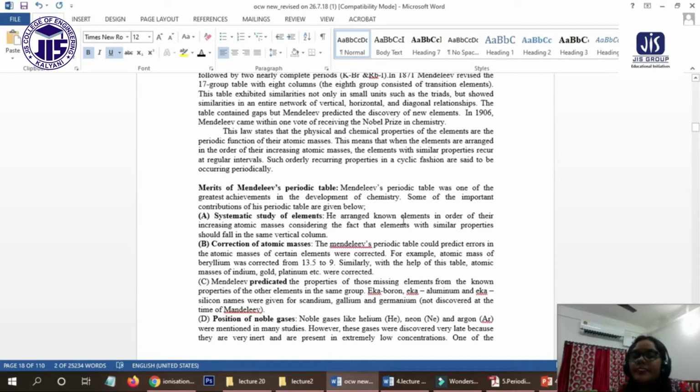He arranged the known elements in order of their increasing atomic masses, considering the fact that elements with similar properties should fall in the same vertical column. Another merit is the correction of atomic masses. After this arrangement, some corrections were made for the atomic masses of some of the elements.